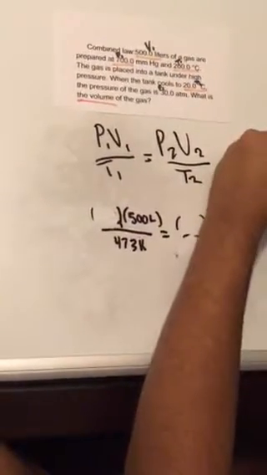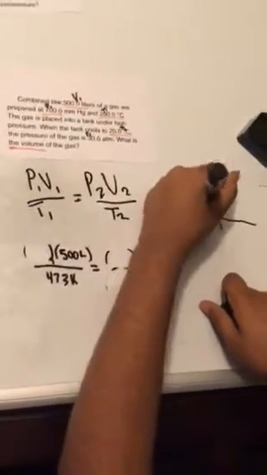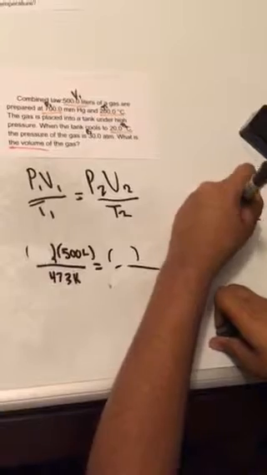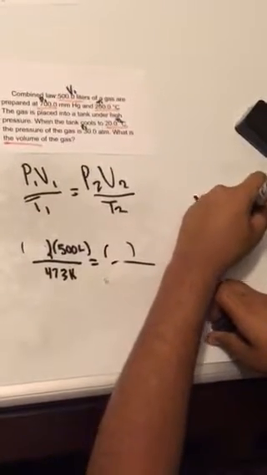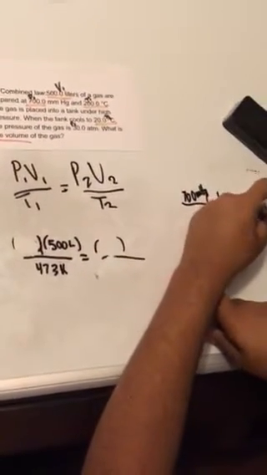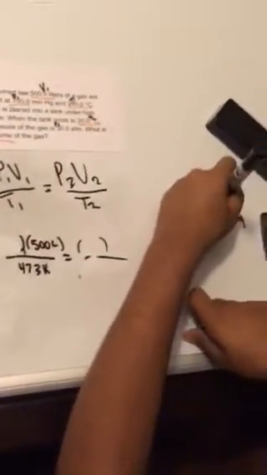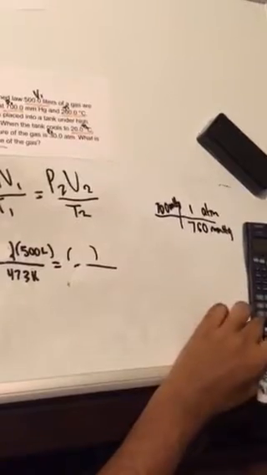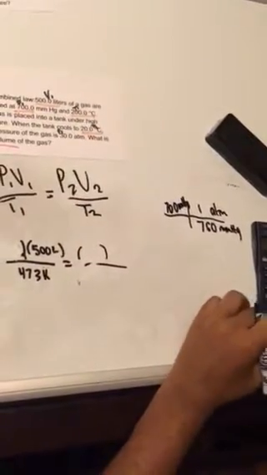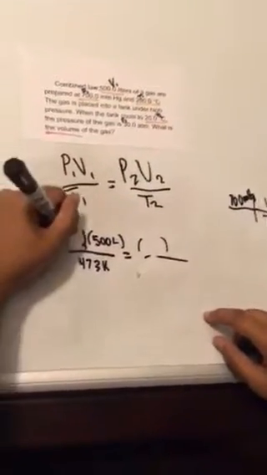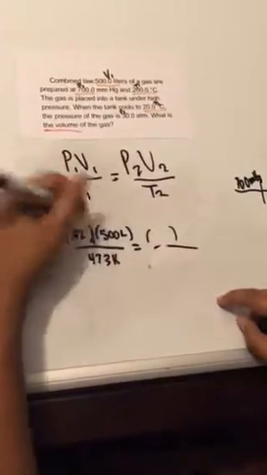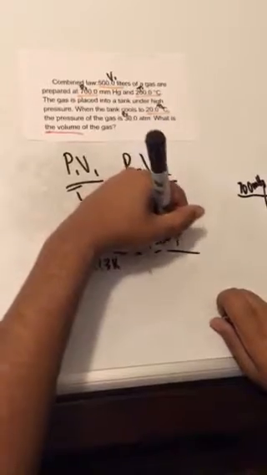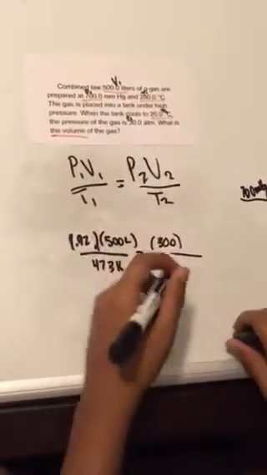So 700 mmHg equals, at standard temperature, 760 mmHg to 1 ATM. So you would do 700 divided by 760, and it would be 0.92. So we got our pressure in the same ATM.